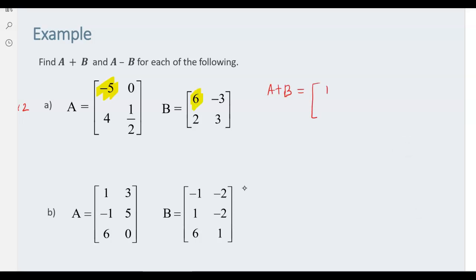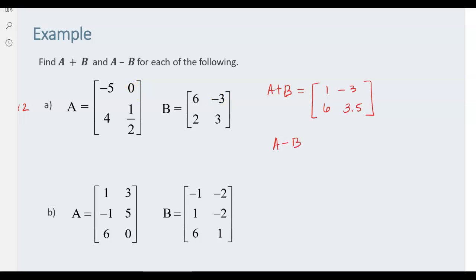So that's a 1, right? And then let's do first row, second column. That'll give me a -3. And then continuing with 4 plus 2 is 6. 5 plus 3 is, let's just write that as 3.5. We could also subtract A minus B, right?